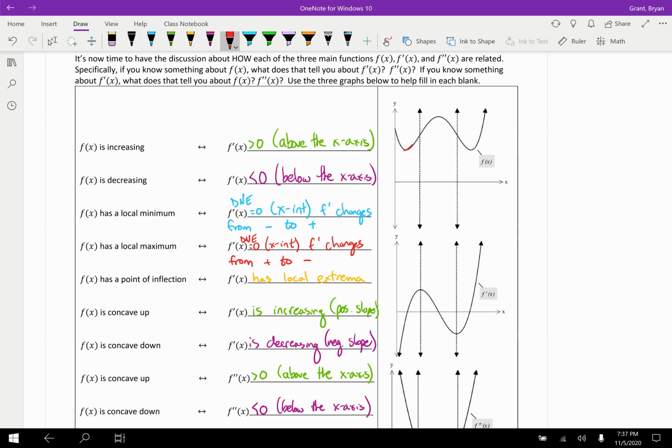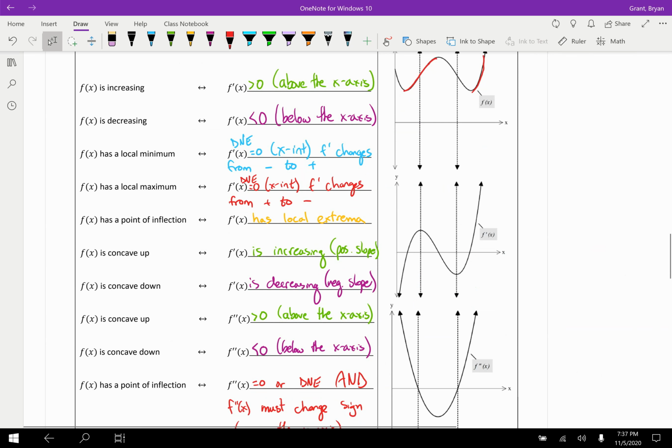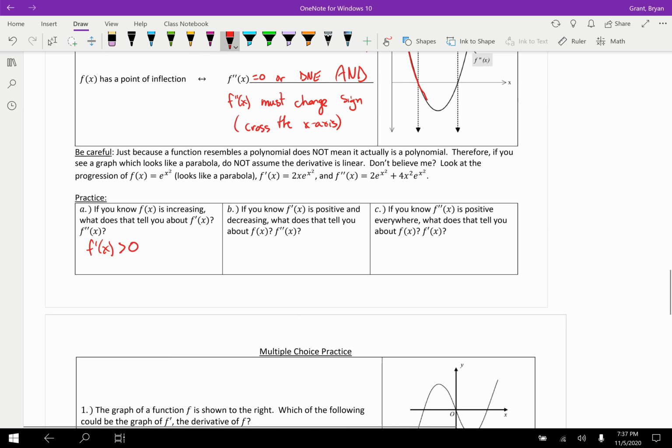So let's see. Increasing, increasing. If we look at f double prime, this was the increasing part and then increasing over here. I don't think it tells us anything about it, does it? So if f is increasing, then it really doesn't tell us anything about f double prime. It just tells us that f prime is above the x-axis.